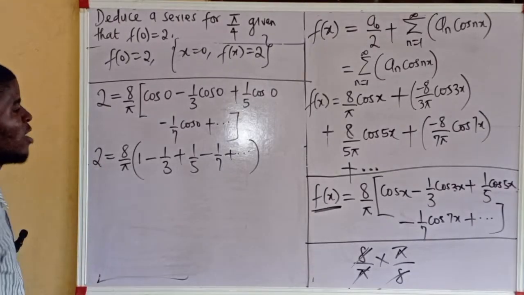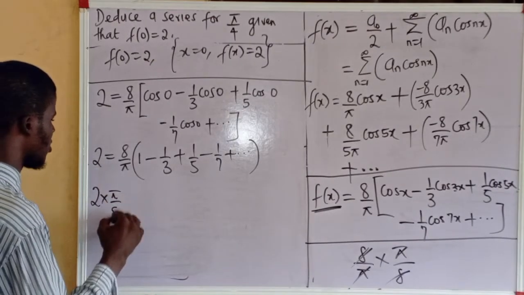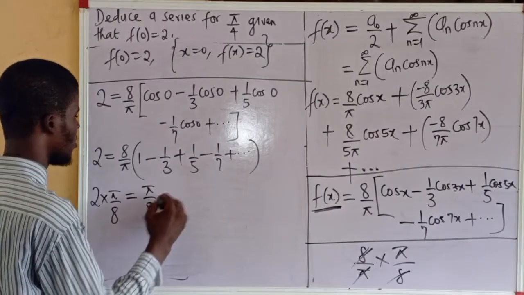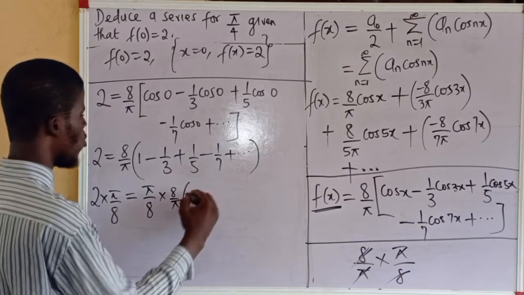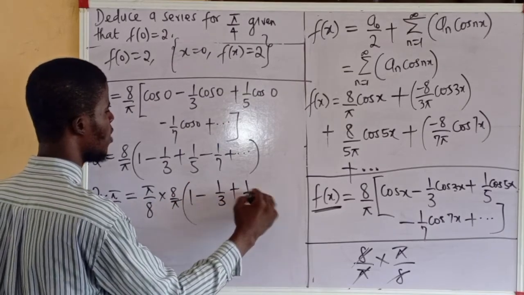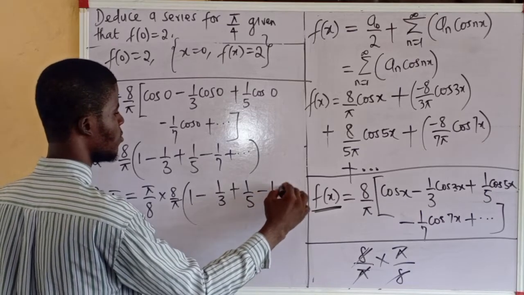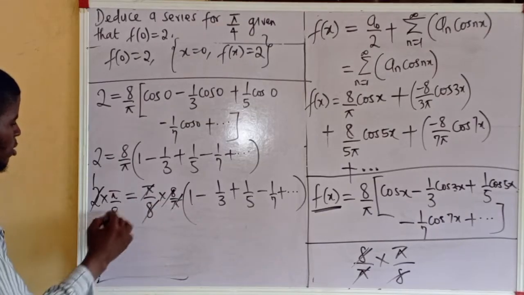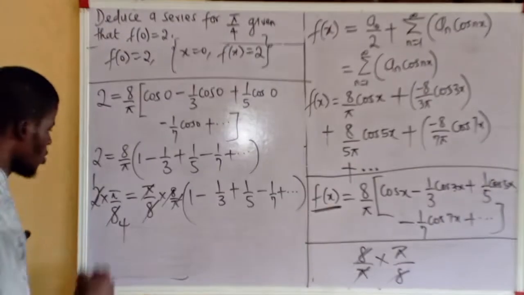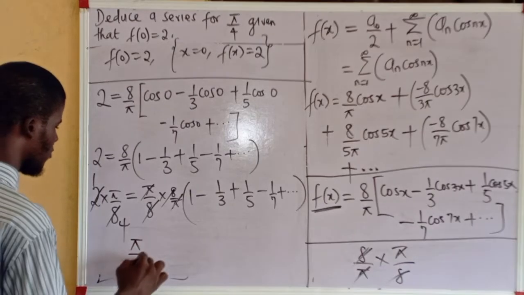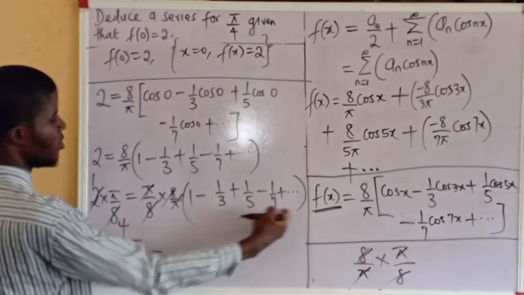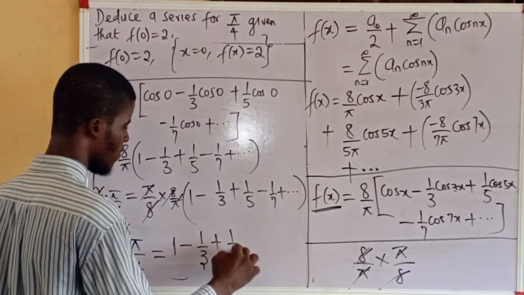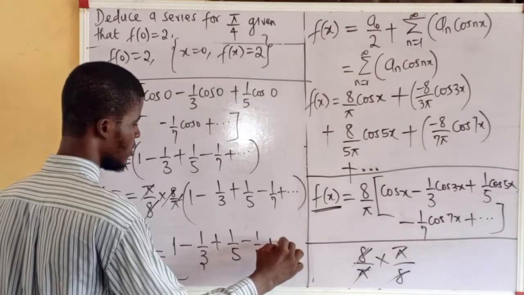So 2 times pi over 8 is equal to pi over 8 times 8 over pi into 1 minus 1 over 3 plus 1 over 5 minus 1 over 7 and so on. This will cancel out to give me 1. 2 over 8 is 1 over 4. So we have pi over 4 equal to everything in this bracket: 1 minus 1 over 3 plus 1 over 5 minus 1 over 7 till infinity.